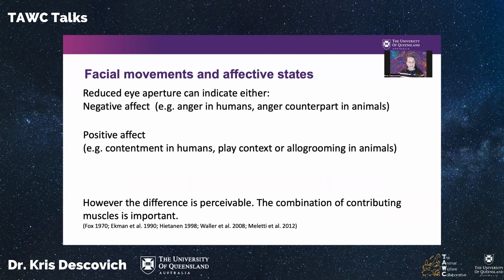So these differences are perceivable and observable and measurable, but the combination of these contributing muscles is important. And the other important indicator is just general facial tension. How much are the facial muscles being held in tension or not? And that can be a very good indicator of arousal, but also valence.